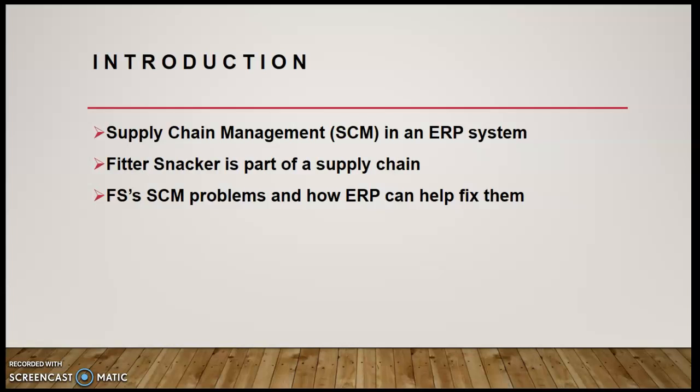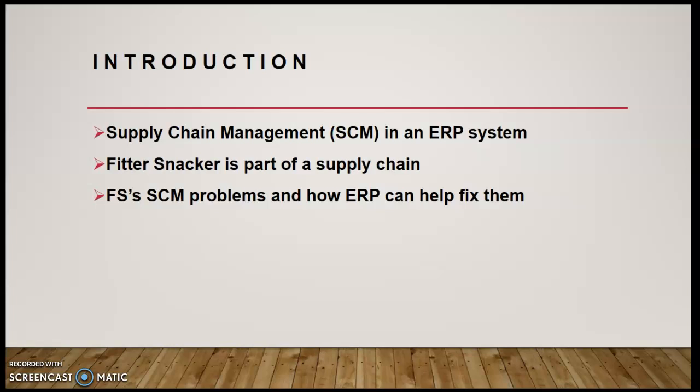In fact, effective supply chain management is critical to the success of companies such as Fitter-Snacker. So in this chapter, we will first examine how Fitter manages its production activities, and then we will explore some supply chain management functions in the ERP system, and we will also look at the broader concept of supply chain management.